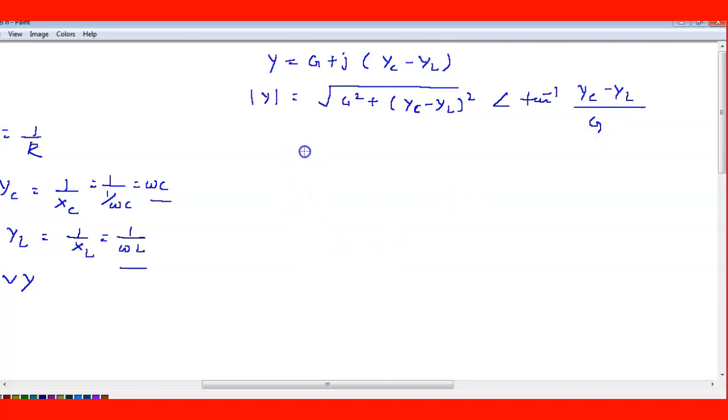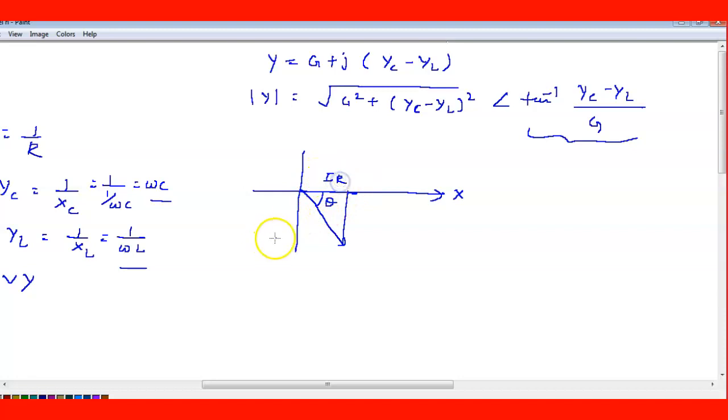If you write the phasor diagram here, this is the Y axis, this is the X axis. This is your theta. The capacitor is greater here, so that will be the fourth quadrant, right?